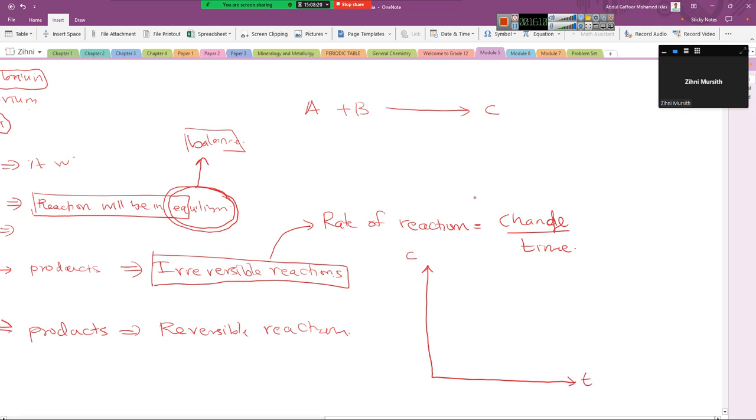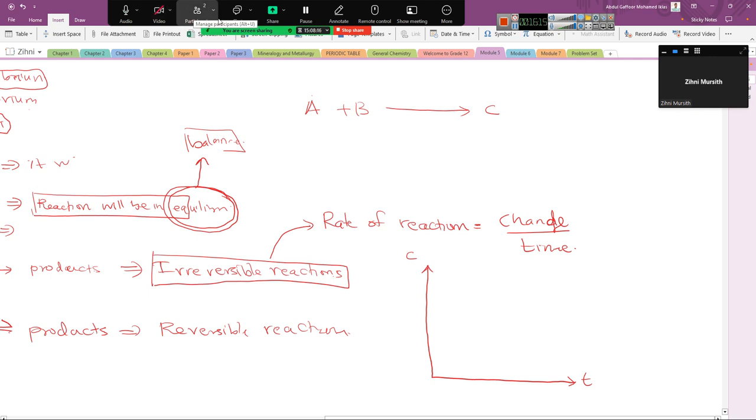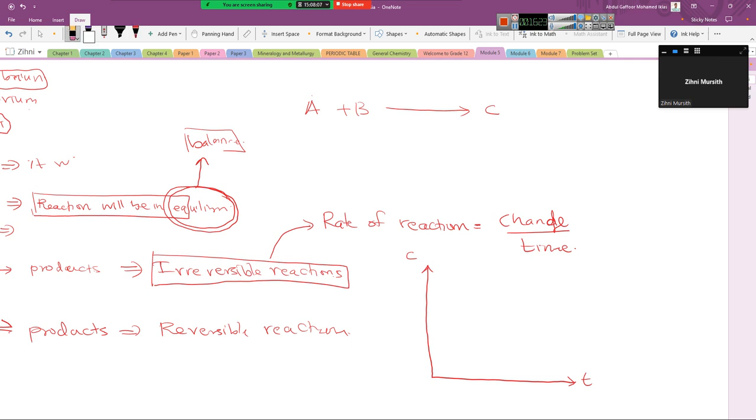Now if I consider only one single reactant, let's say A, I will just take this generic equation. A gives you B, right? So A becomes B in a chemical reaction. A is the reactant and B is the product.